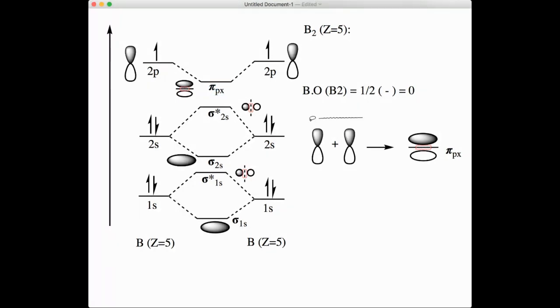Okay, now combining them out of phase, that's subtraction because they have different phasing. Out of phase means they have opposite phasing. So they will be combining these two orbitals like this, right?